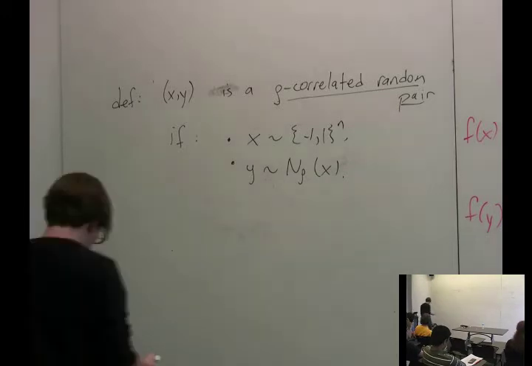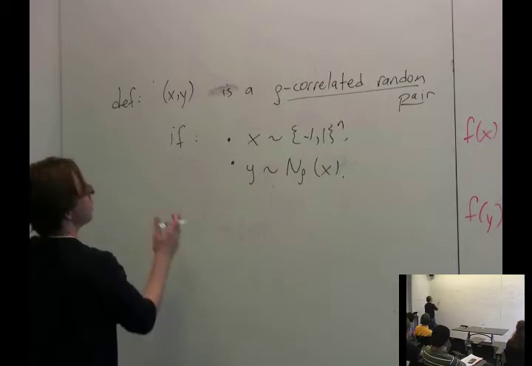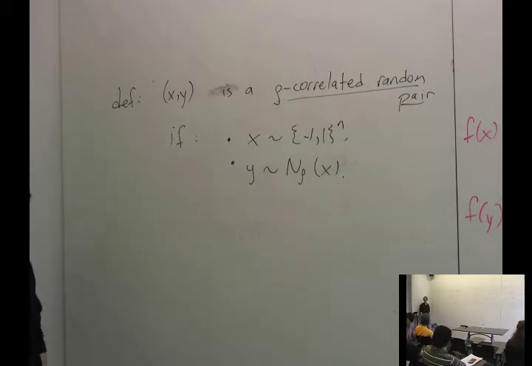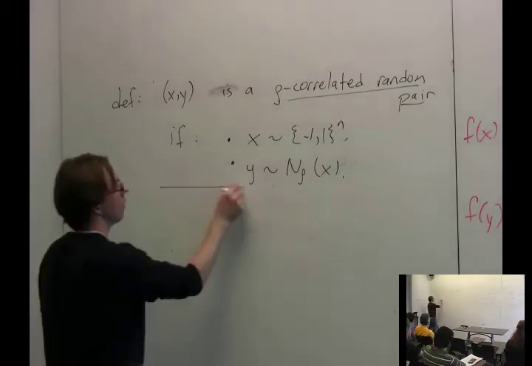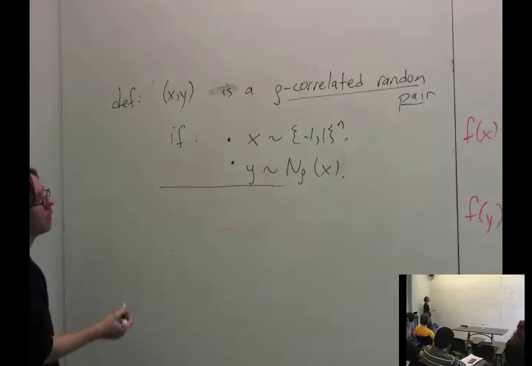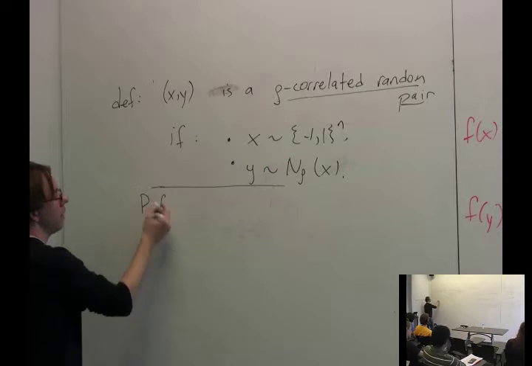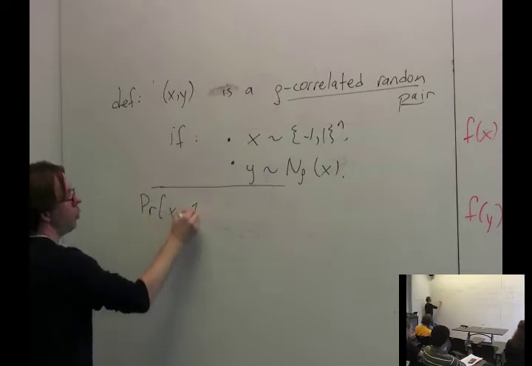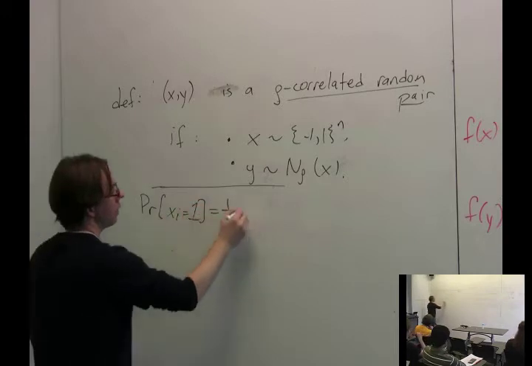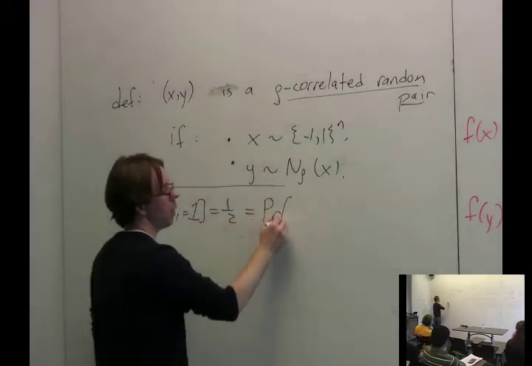But if you think about it for a few seconds, you'll see that actually this definition is symmetric in y and x. Because with this definition, certainly, the probability that x_i equals 1 is a half. That's by definition. But that's also the probability that y_i equals 1, a half.